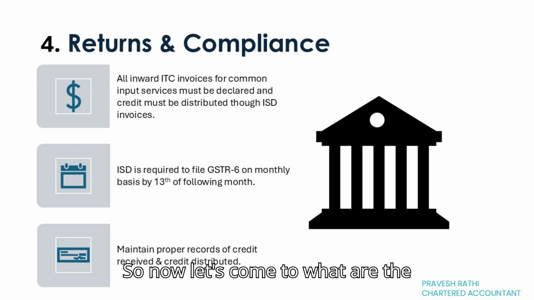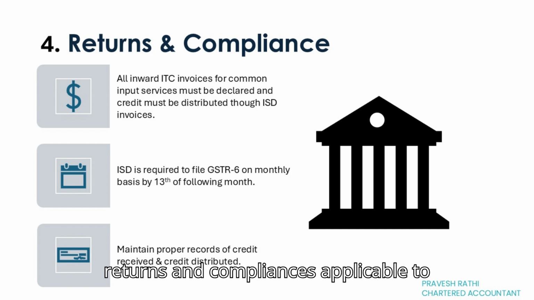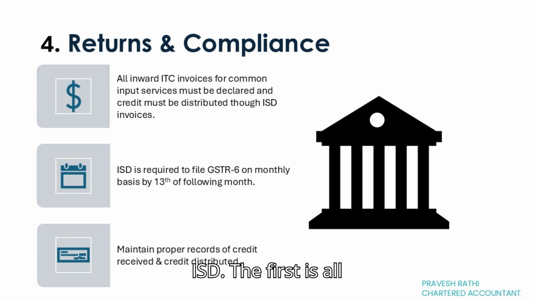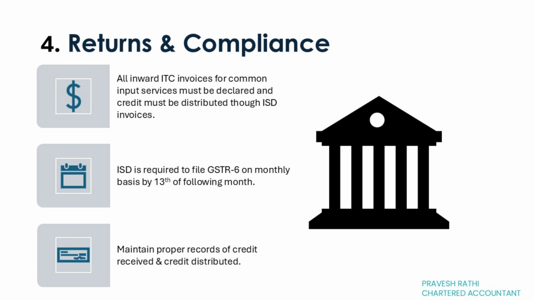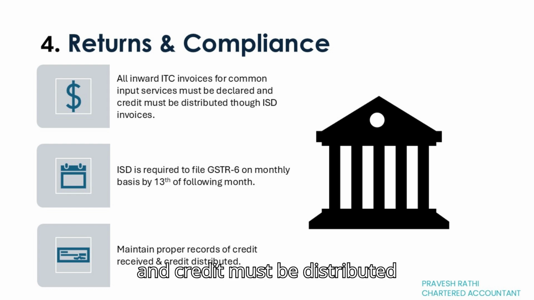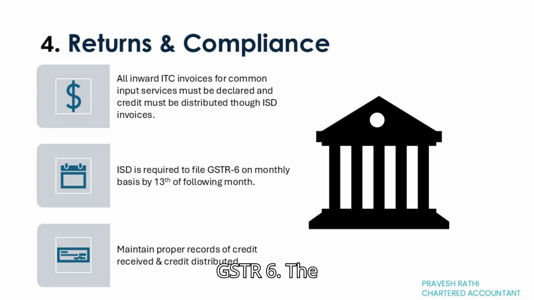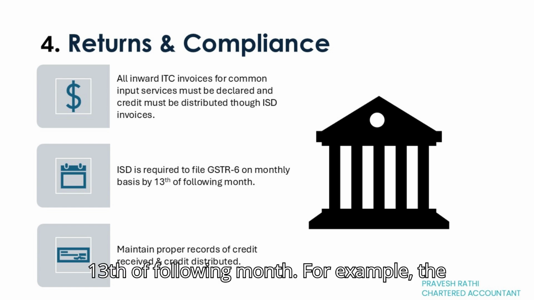Now let's come to what are the returns and compliances applicable to ISD. The first is that all inward ITC invoices for common input services must be declared and credit must be distributed through ISD invoices in GSTR 6. The ISD is required to file GSTR 6 on a monthly basis by 13th of the following month.